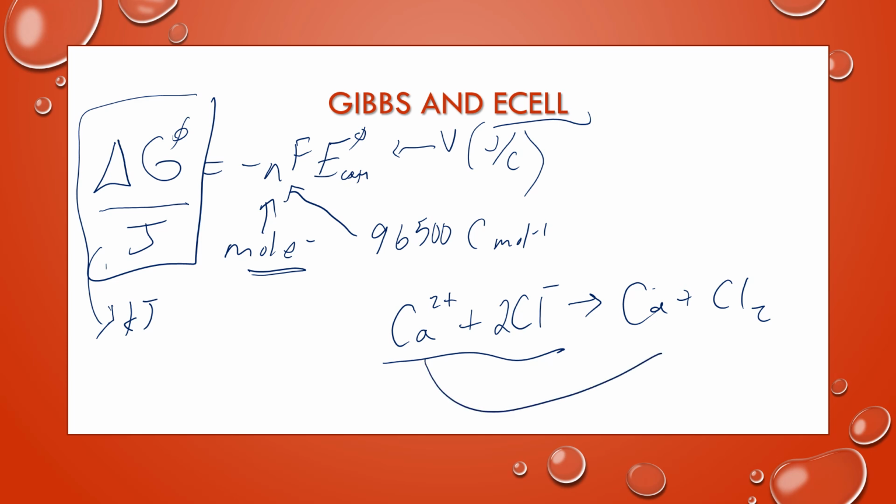Calcium is gaining electrons, and the chlorine is losing the electrons over the course of this reaction. So the total number of electrons that are transferred in this reaction is 2. So 2 moles of electrons transferred for every 1 reaction, because the 2 extra electrons from chlorine are being transferred to the calcium. So if I were to solve it for this reaction, I would plug in 2 for n, times Faraday's constant and times the standard cell potential for this reaction.